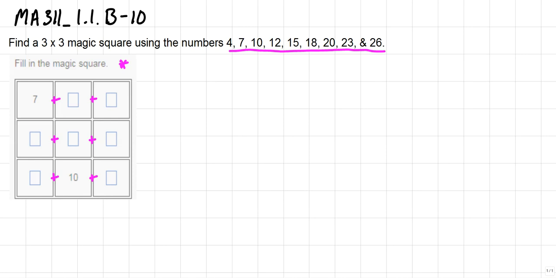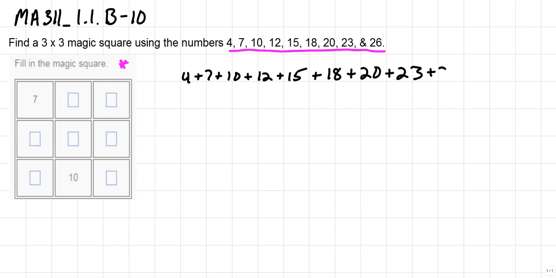So we'll start by first adding all the numbers together that I'm given, and then I'm going to divide by 3. So we start with 4 plus 7 plus 10 plus 12 plus 15 plus 18 plus 20 plus 23 plus 26. And that will be equal to 135.